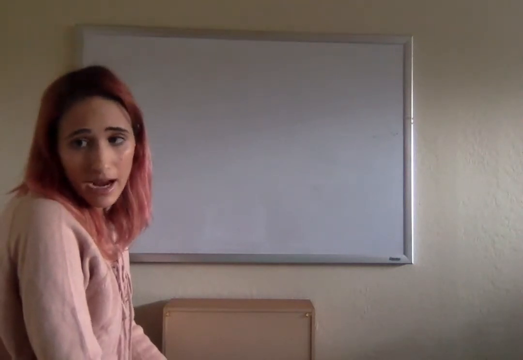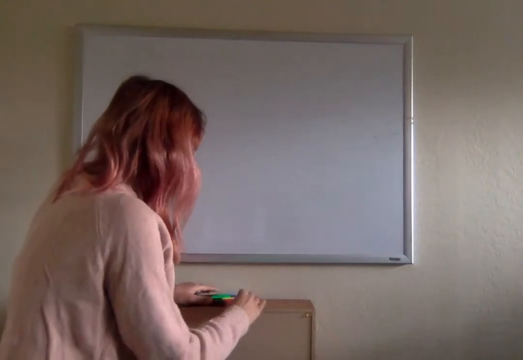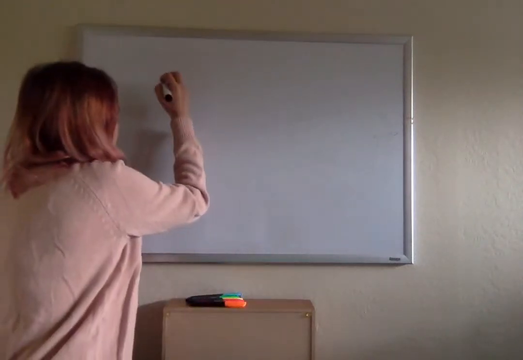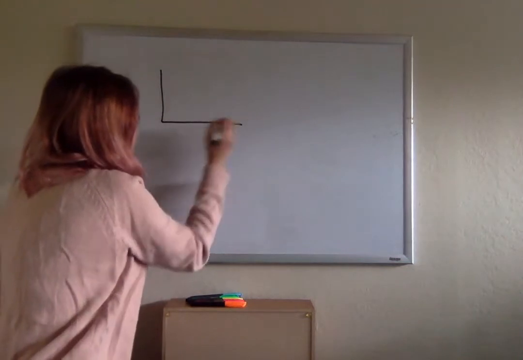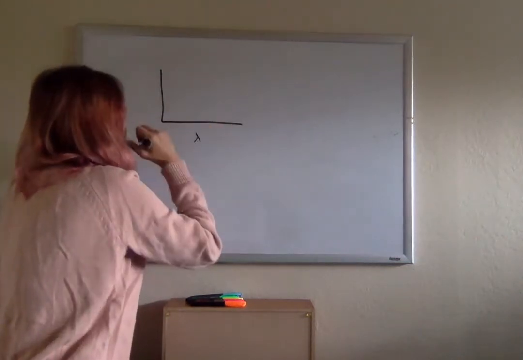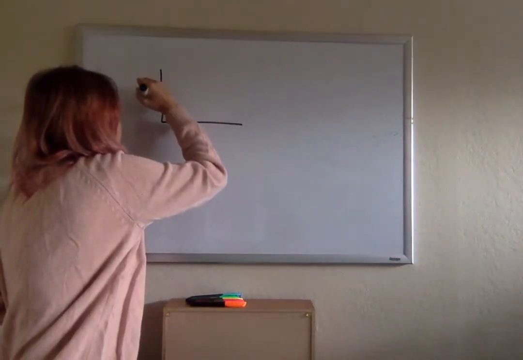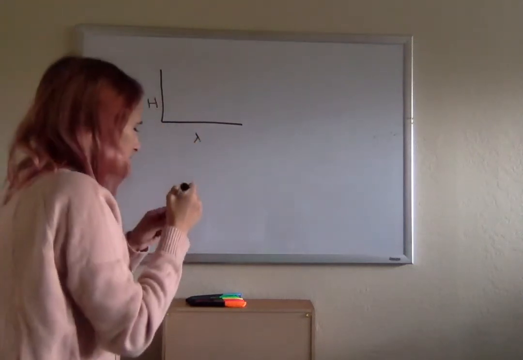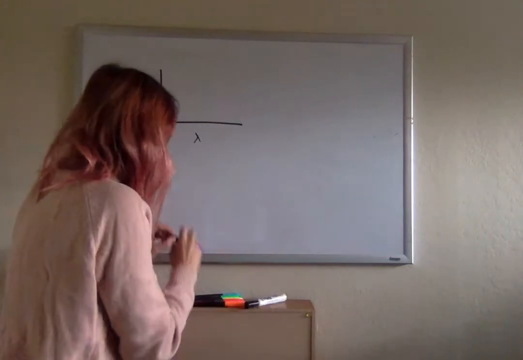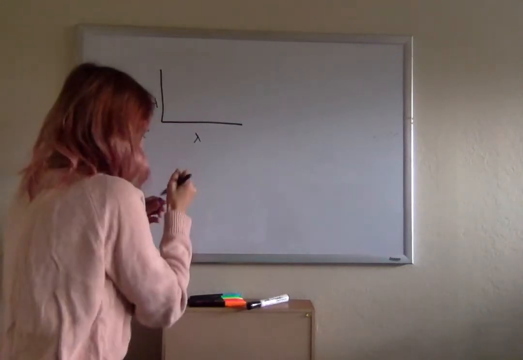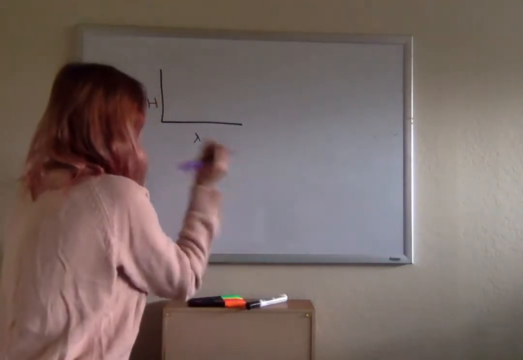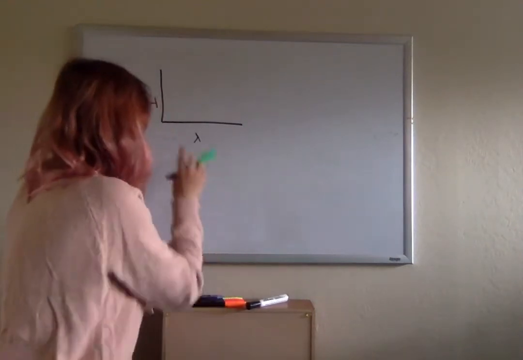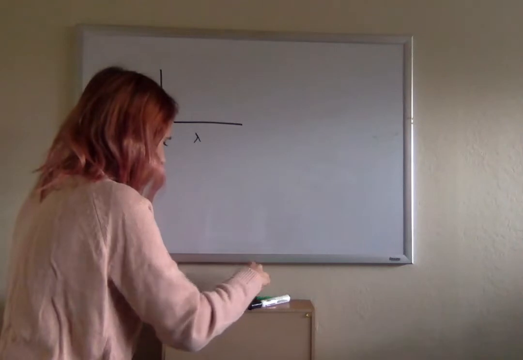So, it looks like you have wavelength and intensity. So how much, right? And wavelength, you've got purple down here, blue, it goes in the rainbow, right? All the way over to red over here.